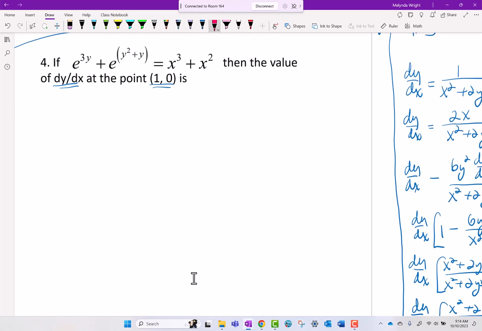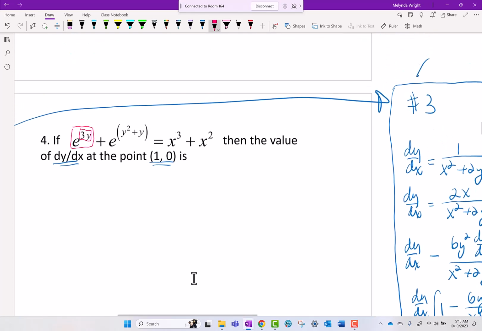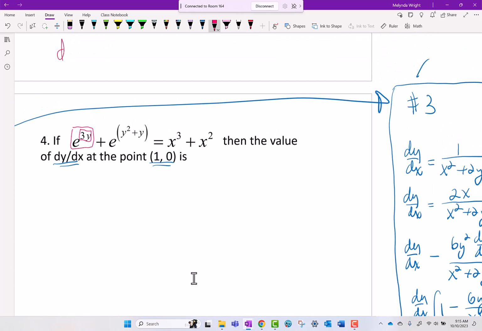These are chains. This is the outside. This is the inside, right? That's a chain. Maybe I've talked about this before, but the derivative of e to the box is e to the box times the derivative of the box. For some reason, e to the x kind of freaks some students out.